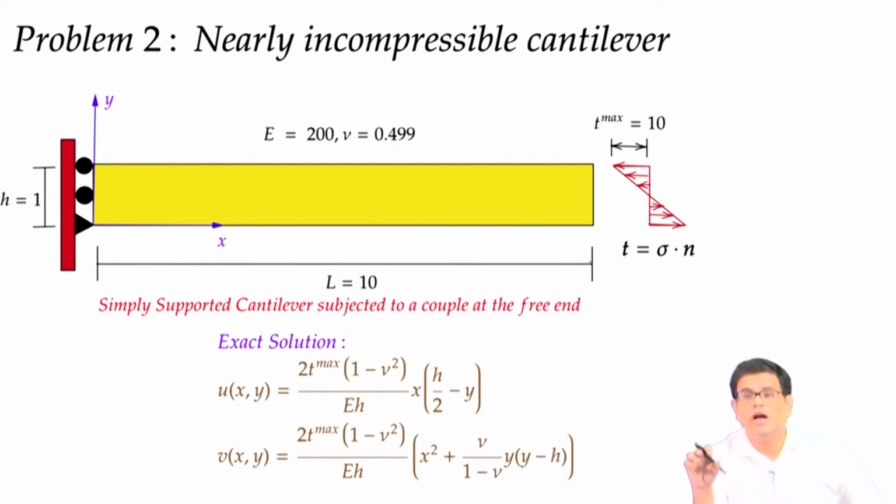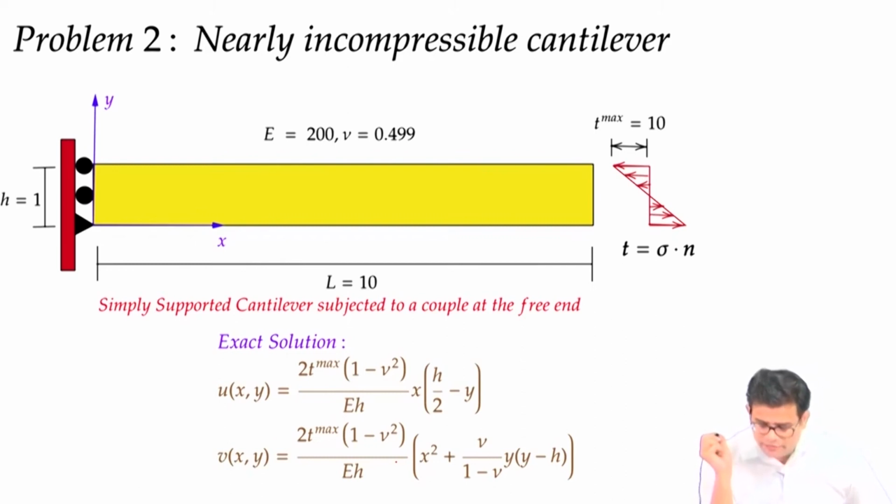So it is a very incompressible regime. The solution is obviously in the plane strain domain, so that we can see the effect of incompressibility, because we know in the plane strain constitutive equation the 1 minus 2 nu term comes, and as 1 minus 2 nu goes to 0, the bulk modulus goes to infinity. So now the exact solution looks like this.